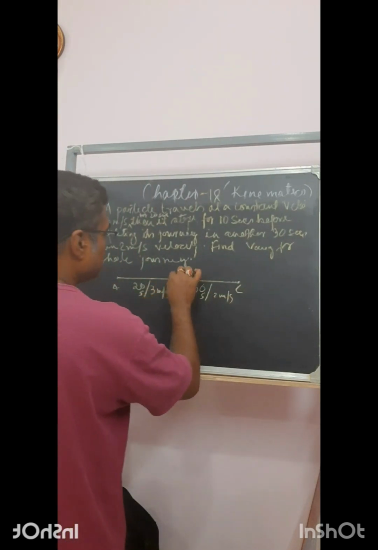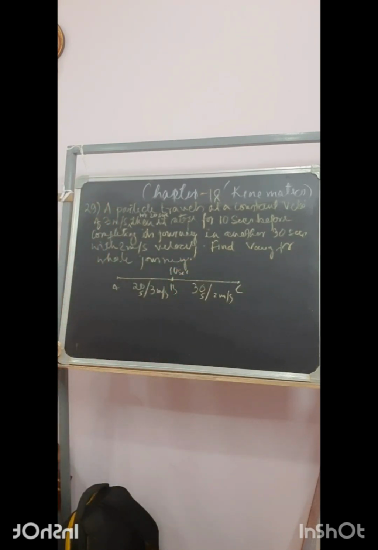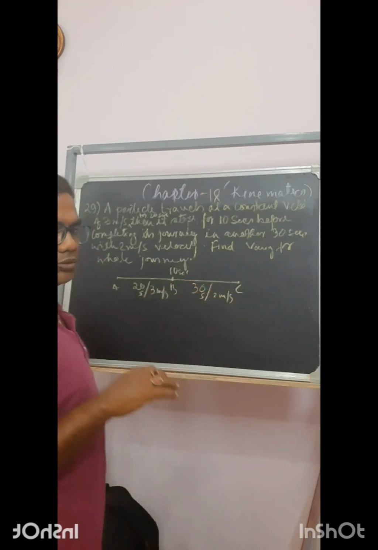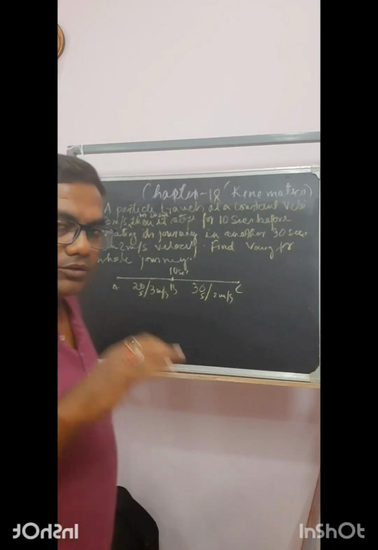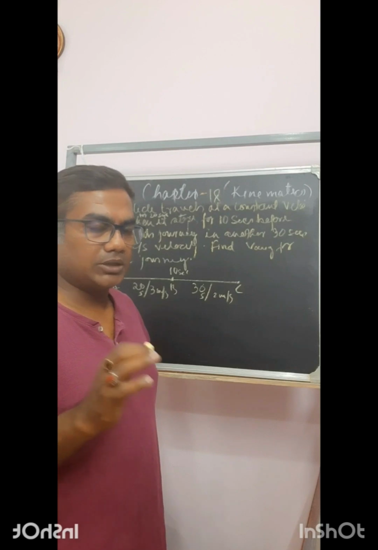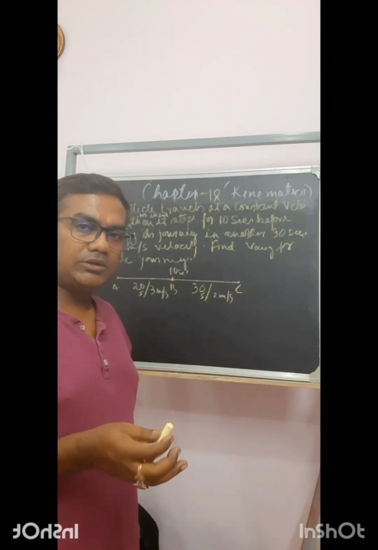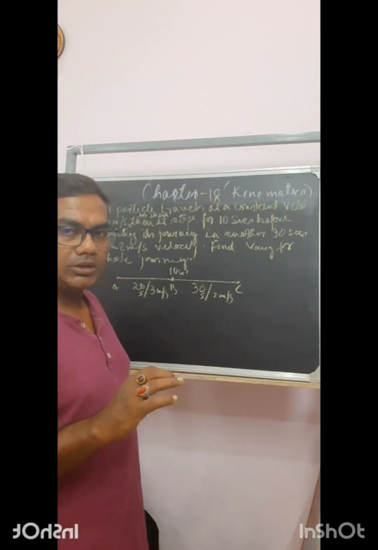Only thing is that it has given a halt of 10 seconds. So how will you use that time? For any halt in between any motion, that also has to be included in calculating the average velocity or average speed, keep that in mind. Even though it has not moved any distance, it is being utilized in between the travel, so that has to be included in total time.